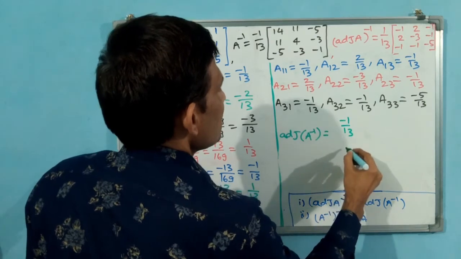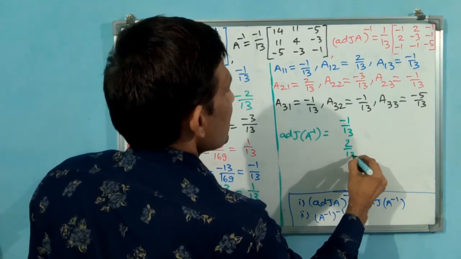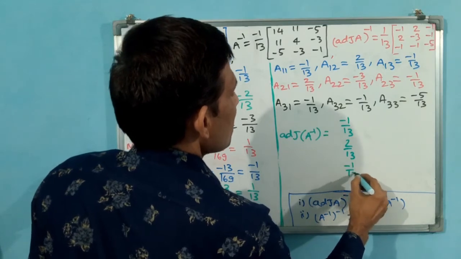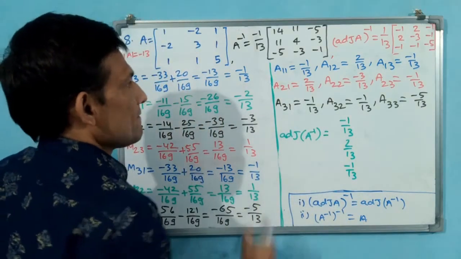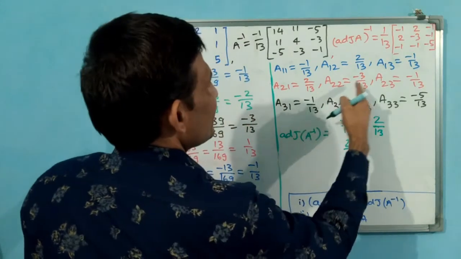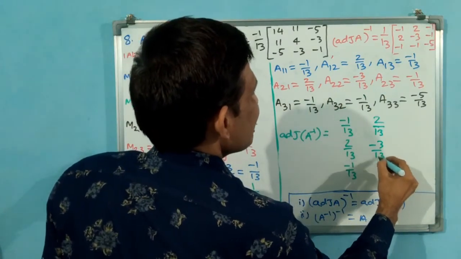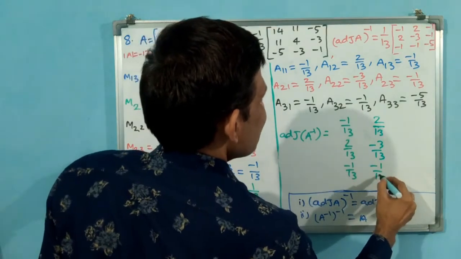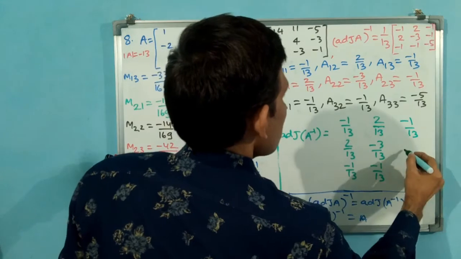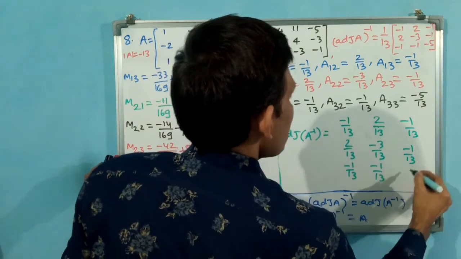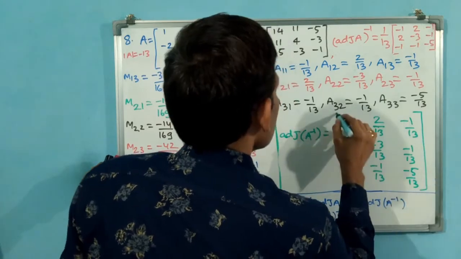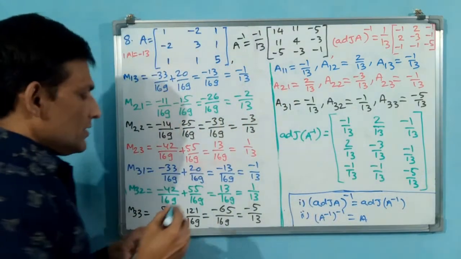Minus 1 by 13, 2 by 13, minus 1 by 13. Then 2 by 13, then minus 3 by 13, minus 1 by 13. Minus 1 by 13, minus 1 by 13, minus 5 by 13. See, this is adjoint.